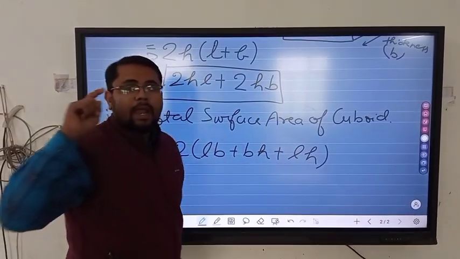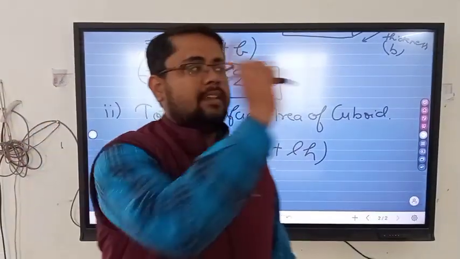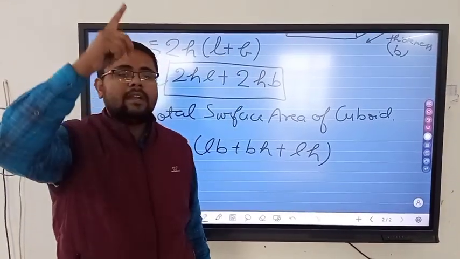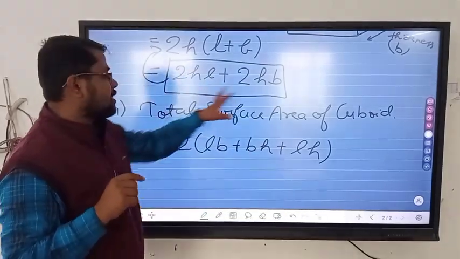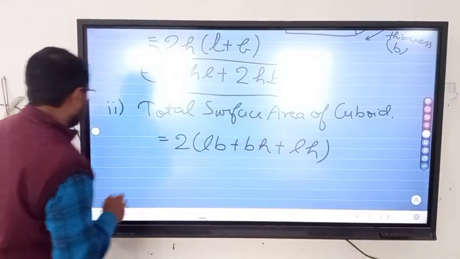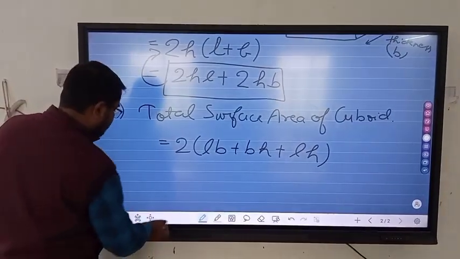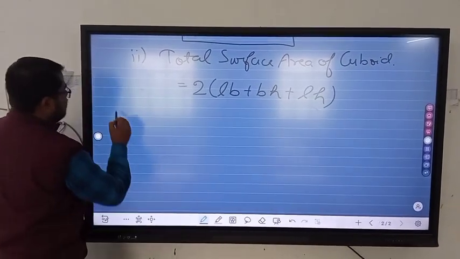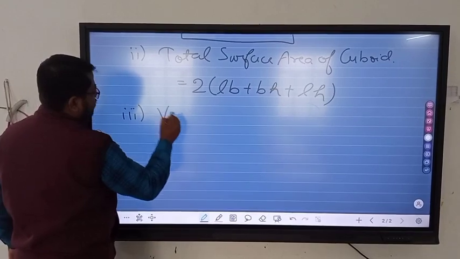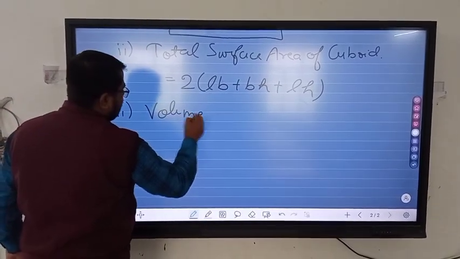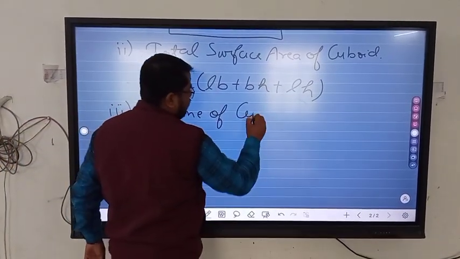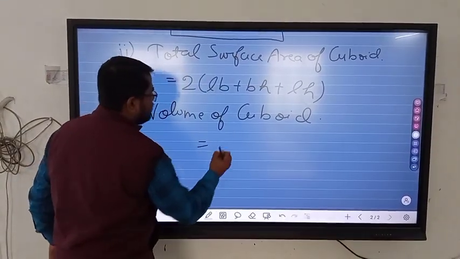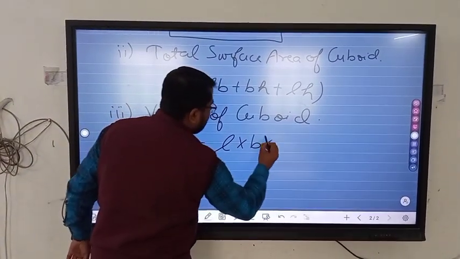Means the addition of all the 6 sides, this side, this side, this side, this side, and the lower and upper side also. This is the total surface area of a cuboid. Okay. After that, what is the volume of cuboid? Volume of cuboid is L into B into H.